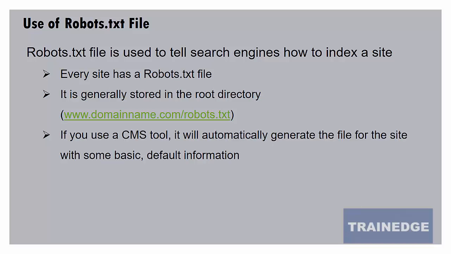If you are using a content management system like WordPress, it will automatically generate the robots.txt file using some basic default information. Then you can go and edit this file with more specific instructions about your website. Because it is a simple text file, you can edit it using any text editor like Notepad.